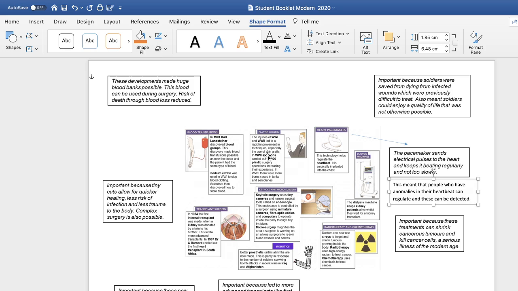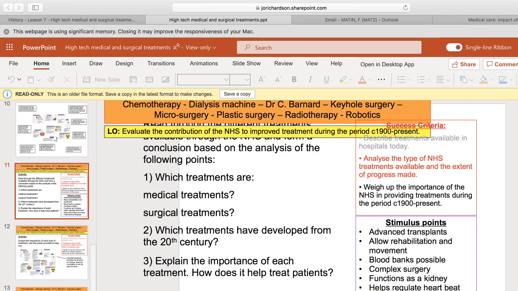Think about it. What are the kind of changes that have happened from the 20th century? So when you're thinking about the 20th century, you're obviously thinking about the 1900s. So what are the developments that have been made since then? But like I said, that is a challenge.